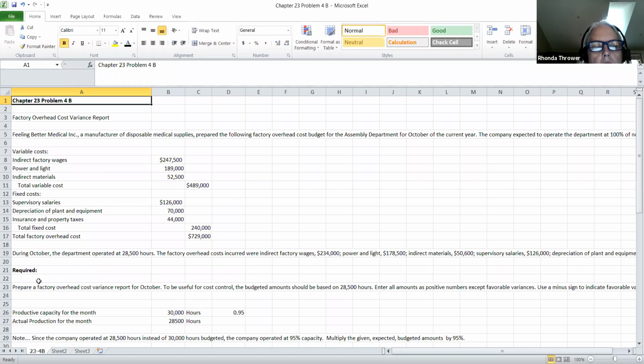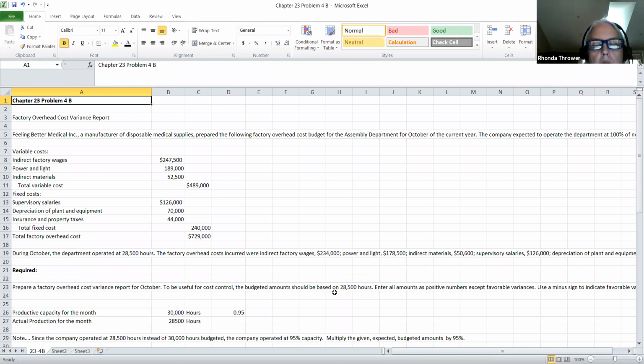What they want you to do is prepare a factory overhead cost variance report for October. It says to be useful for cost control, the budgeted amount should be based on 28,500 hours. These are budgeted amounts based on 30,000 hours or 100% capacity. That's not what they want you to use for the budget.